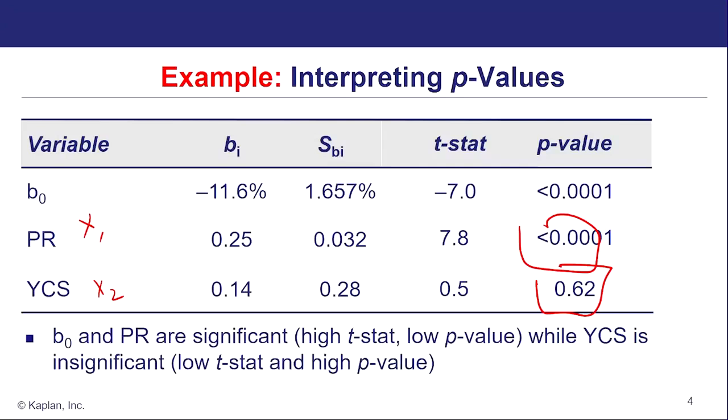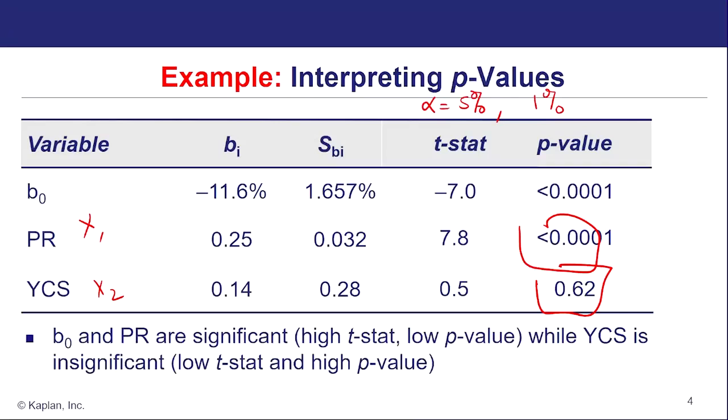We compare it to alpha. Typically, alpha, or level of significance, is by default 5%. But if you really want to be strict, then you can use even a 1% level of significance. Now remember, a 5% level of significance means 95% confidence. A 1% level of significance means 99% confidence. What does that really mean?